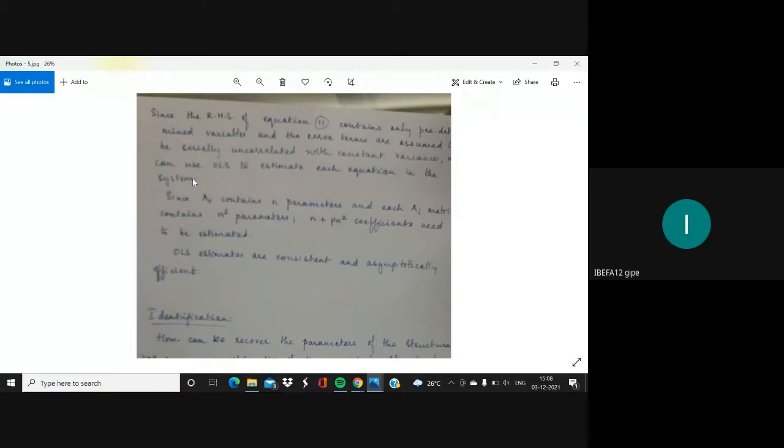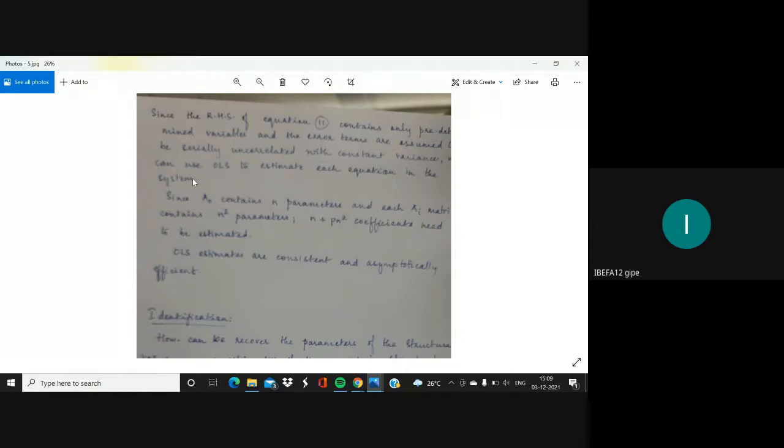So if you simply pick up equation 1 and 2, the equations that we began with, that are referred to as the primitive system or the structural VAR, you cannot use OLS on them directly because the regressors would have been correlated with the error terms. Okay.